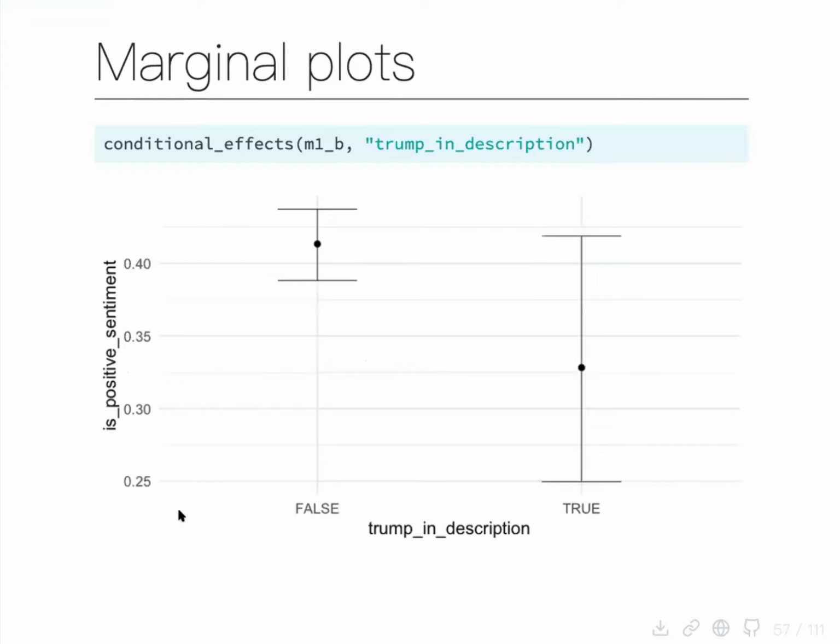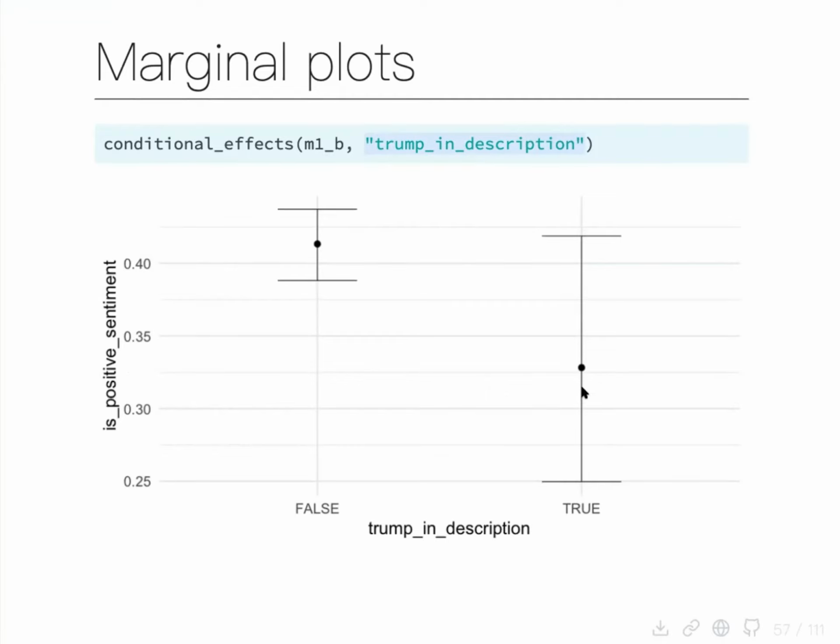You can also do marginal plots. This is just straight from BRMS, but it's pretty nice. You can say conditional effects, M1B, and if you don't put anything here, it'll give you an interactive thing where you can just click enter, enter, enter, and it'll bring up more and more plots. But this is the marginal effect of Trump in prediction, sort of holding the other variables constant.